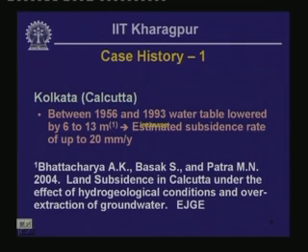In the city, it is estimated that between 1956 and 1993, the water table has been lowered by about 6 to 13 meters, and this translates to a subsidence rate of up to about 20 millimeter per year in the northern part of the city. Generally, the rate of subsidence is much smaller, lower than 13 millimeter per year.